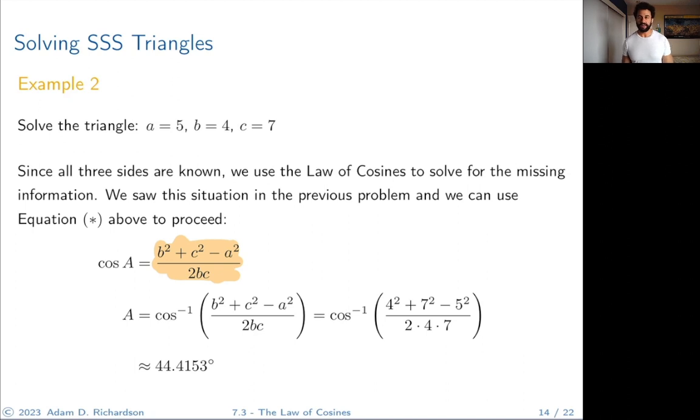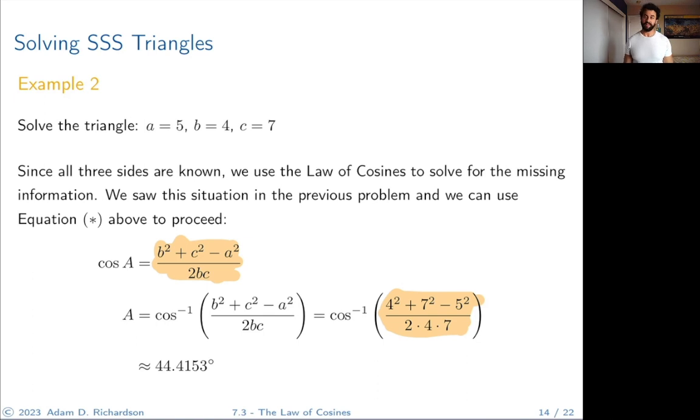Now, if we want to know what the angle A is, we can take the arc cosine of both sides, and we'll get this. Notice here we still have not approximated anything because we are told A, B, and C are 5, 4, and 7, respectively.